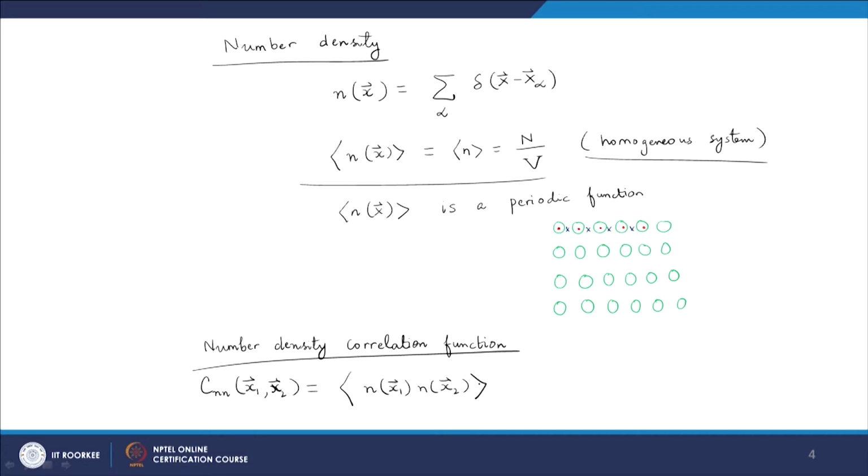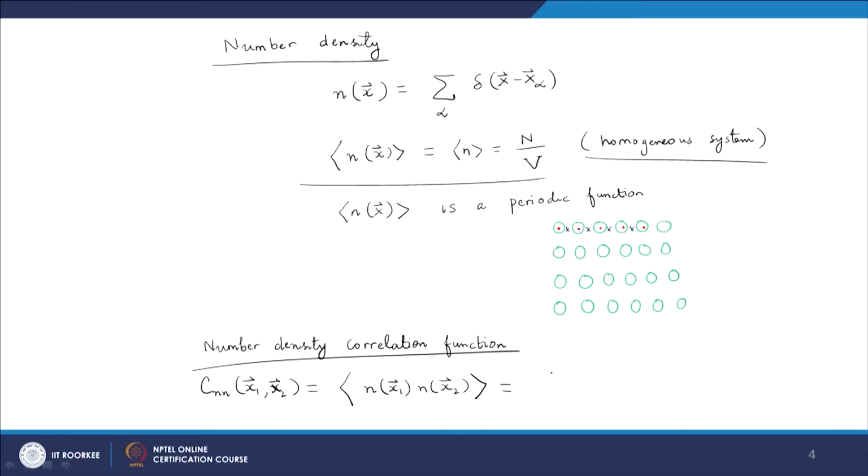That means, what is the probability effectively that if a particle is at x1, another particle will be at x2, although we will normalize this probability later, but this is what it is.